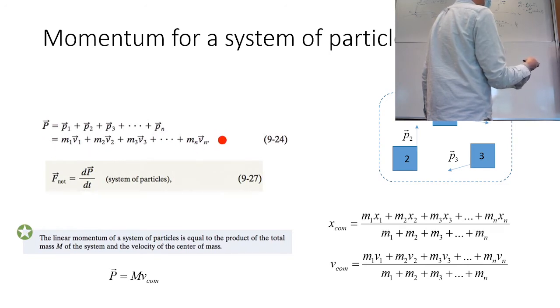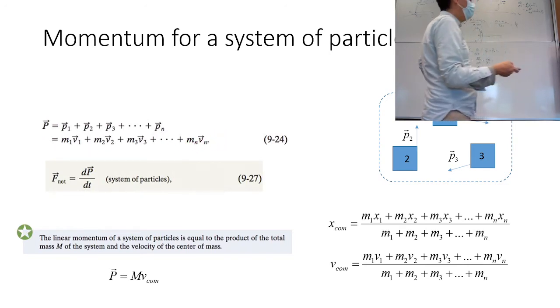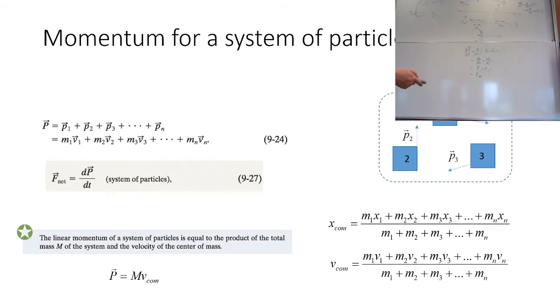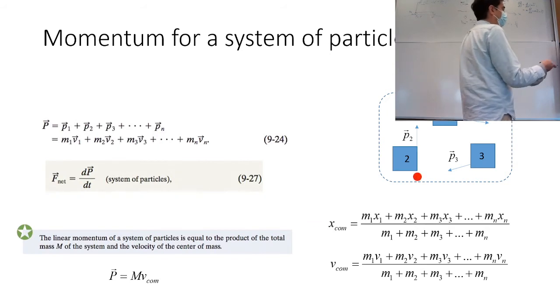But we can actually relate it to another quantity, which is the velocity of the center of mass, right? So here's a formula for the center of mass for multiple objects. And we can also talk about the velocity of that center of mass, right? So in this case, maybe for these three things, if they're the same weight, they're somewhere in the middle here.